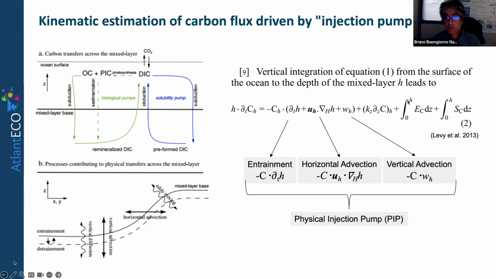Then, of course, one should know that there are also diffusion and possibly sources or unresolved scales that come into play. But what we've been mostly doing is estimating the role of entrainment, horizontal advection, and vertical advection of POC.